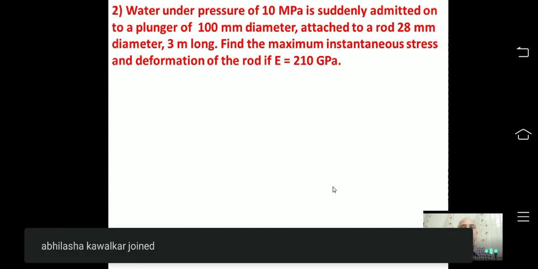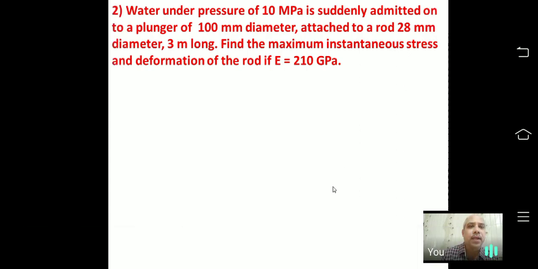Now second, we have water under pressure of 100 MPa suddenly admitted onto a plunger of 100 mm diameter attached to a rod 28 millimeter diameter and 3 meters long. Find the maximum instantaneous stress and deformation.